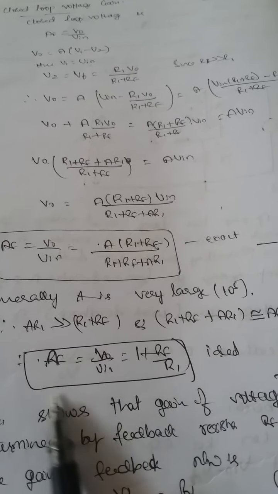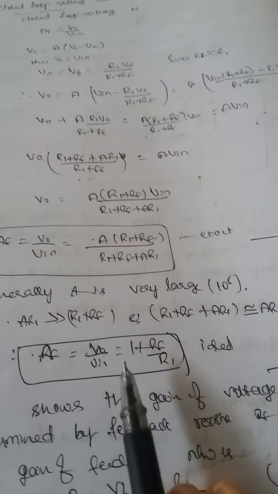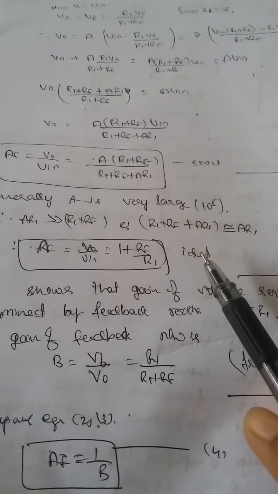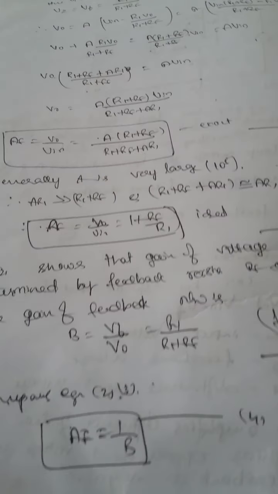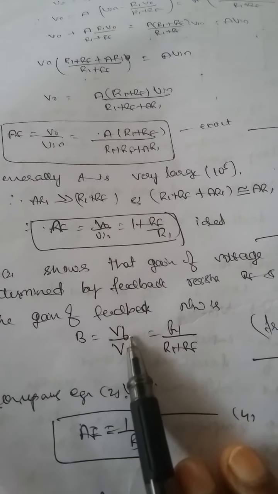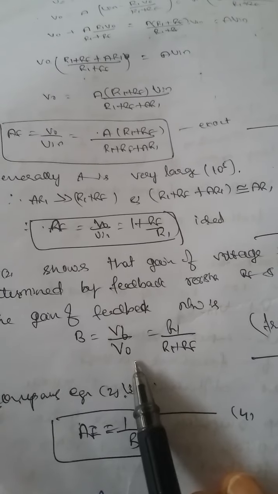So this is nothing but the expression for gain of the non-inverting amplifier, which is the same as that for this voltage series feedback. This is the ideal case. The gain of the feedback network is equal to output of the feedback network Vf divided by input of the feedback network V0.